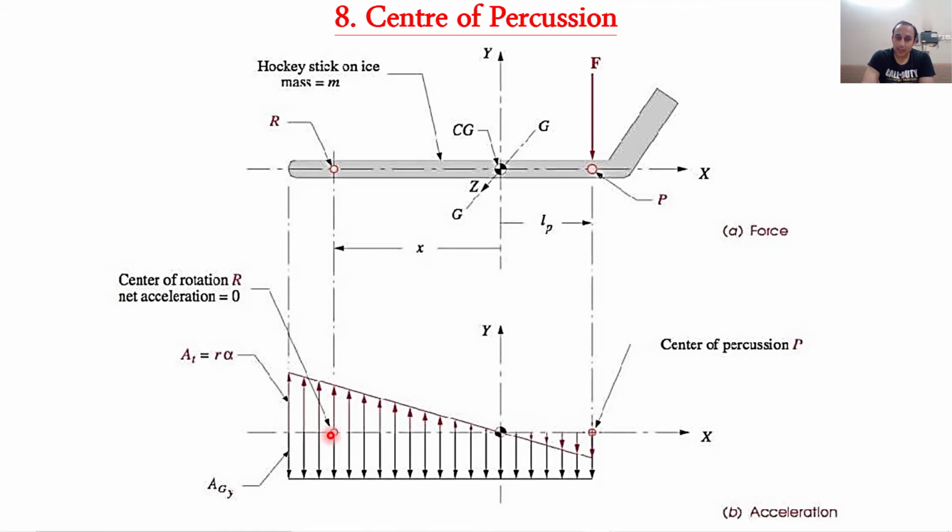And if we talk about the acceleration at this point, which is point R, the center of rotation, the tangential acceleration and the linear acceleration are perfectly equal to each other but in opposite direction. So if the linear acceleration and angular acceleration are equal but opposite, what will happen? There will be no acceleration at this point. And if there is no acceleration, there will be no dynamic force, no vibration, nothing.